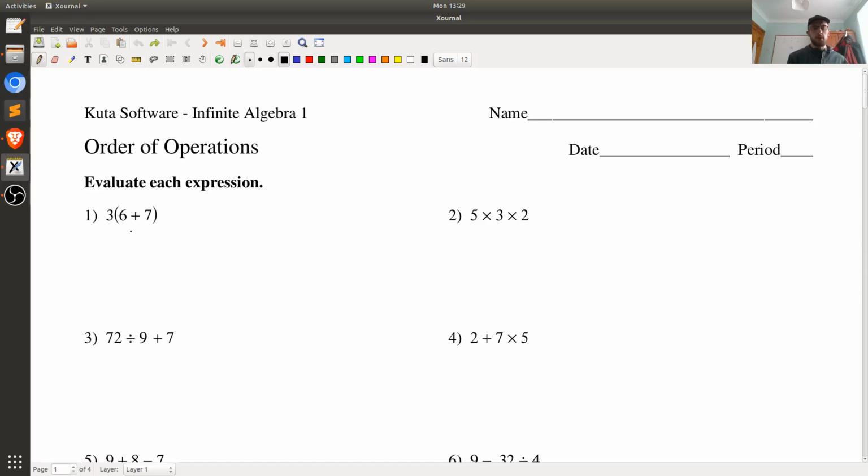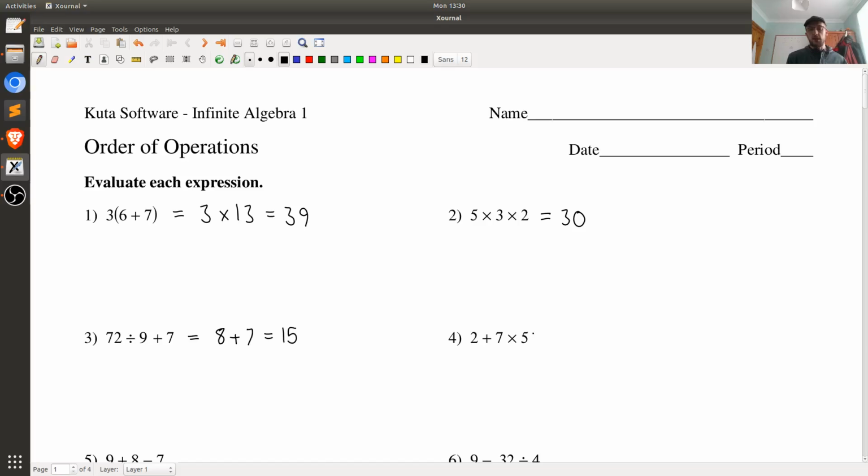Following BIDMAS, we're supposed to handle the brackets first. 6 add 7 makes 13, so it's 3 times 13, which is 39. 5 times 3 times 2, just proceed from left to right. 5 times 3 is 15, 15 times 2 is 30. 72 divided by 9 plus 7, we are supposed to do division first, so 72 divided by 9 makes 8. So this becomes 8 add 7, which is 15.